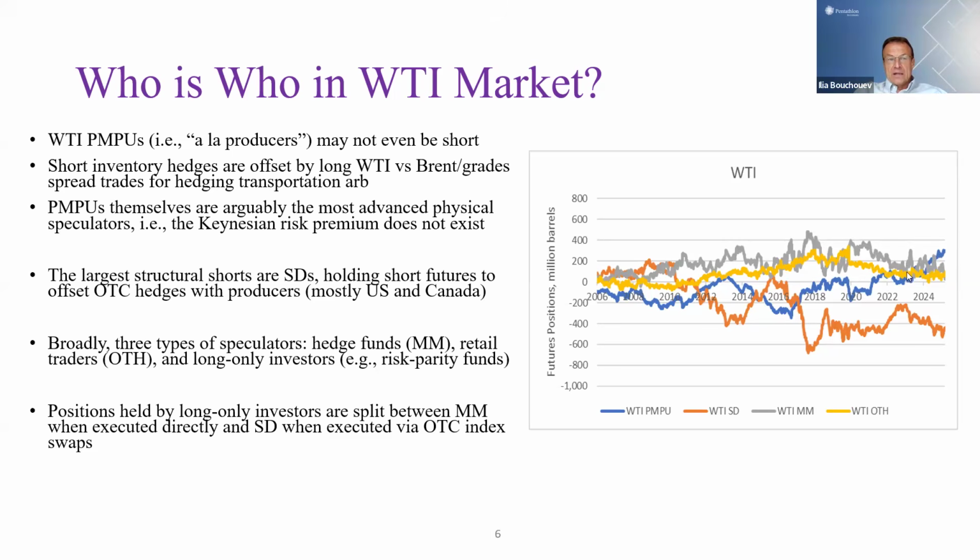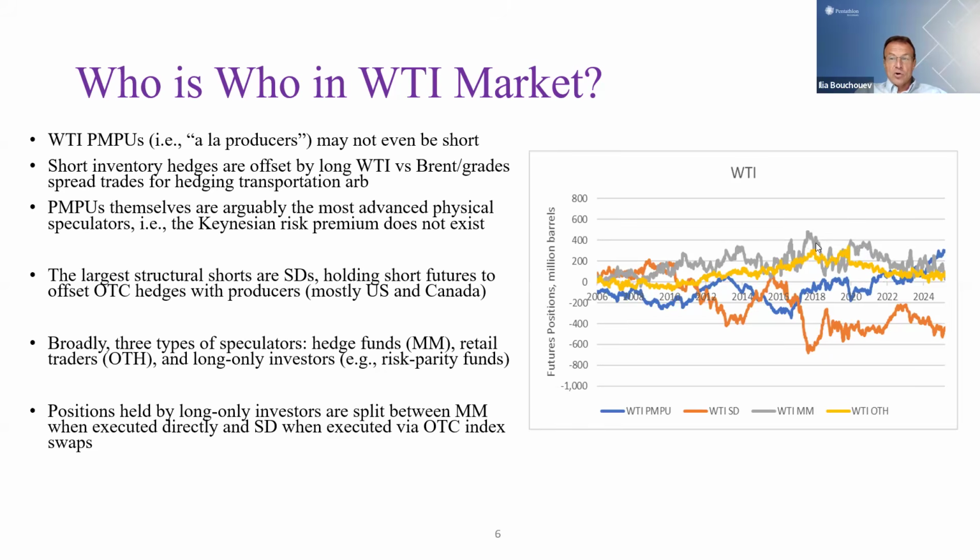So what's really happening here is that there are two types of hedging flows in the WTI market. One is the traditional one: you own oil in a tank somewhere in Cushing or on the Gulf Coast, and you sell your futures as a hedge against oil in a tank. That's your short. But at the same time, WTI is now included in the Brent basket in Europe. In fact, it's an important component of price formation in Brent and Europe.